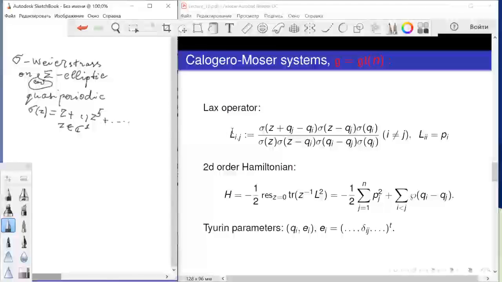So this Lax operator describes the motion of n points q1 to qn on the torus. Sigma is the torus here, where P1 to Pn are their momenta.